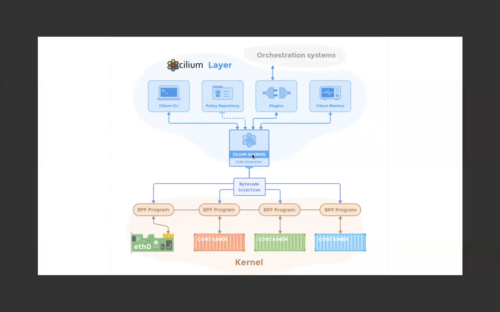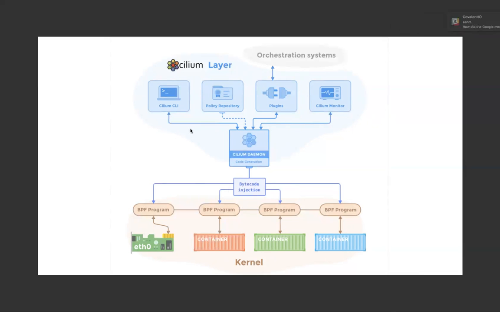It will wait for new Kubernetes services to be defined. Once it receives those events, it will implement the load balancing, the networking, and the policy via BPF. So it listens for the events and then programs the Linux kernel via BPF to actually implement that policy. That's our model.